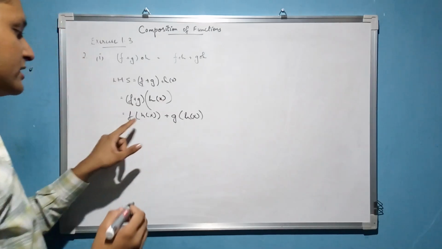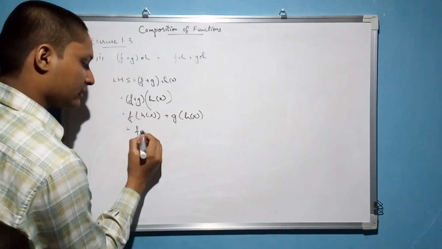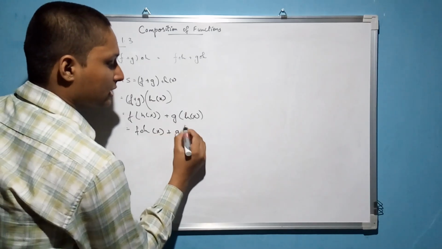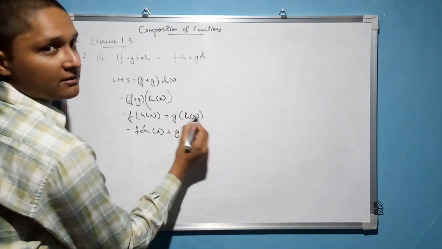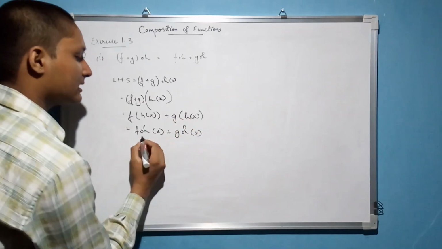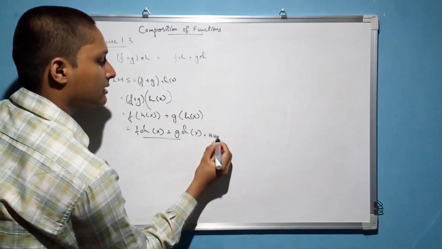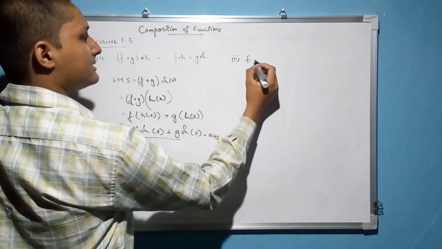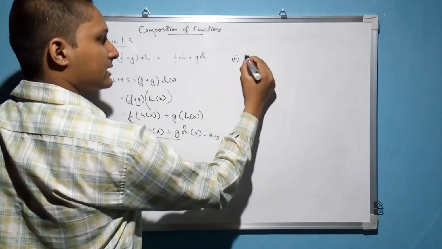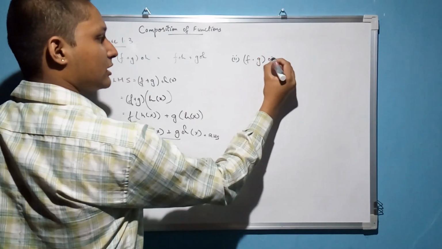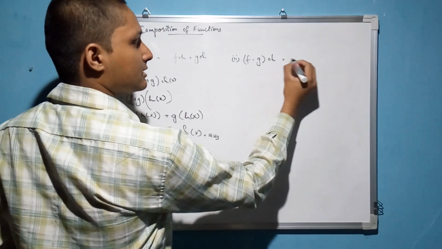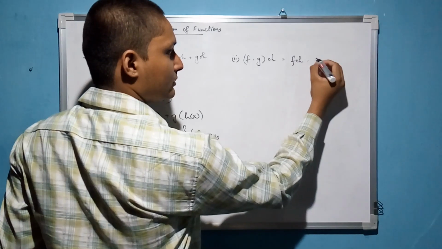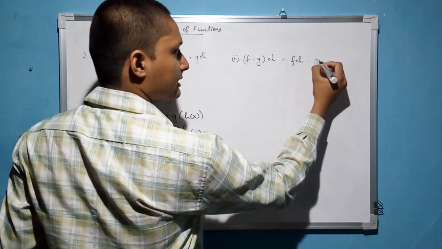F of h of x becomes (f dot h) of x plus (g dot h) of x, since g of h of x is g dot h of x. That is the RHS, right? The same is going to be followed in the second part also. The question is (f into g) dot h is equal to (f dot h) into (g dot h).